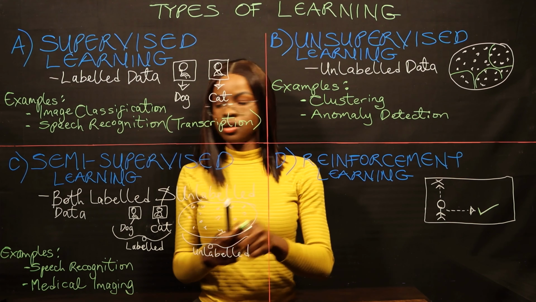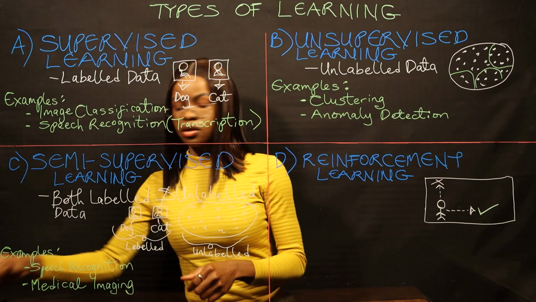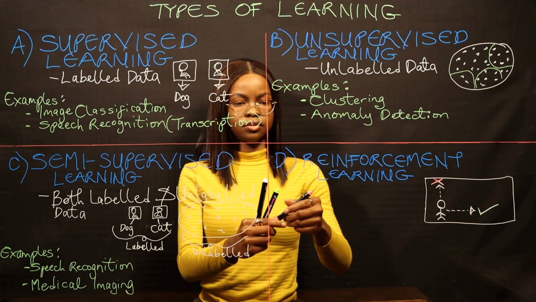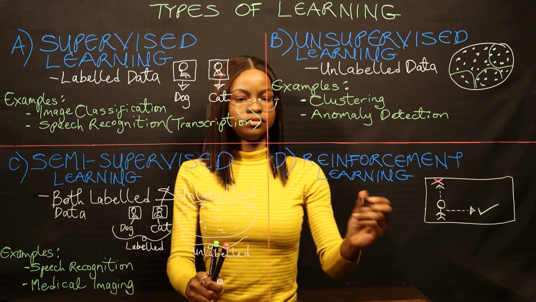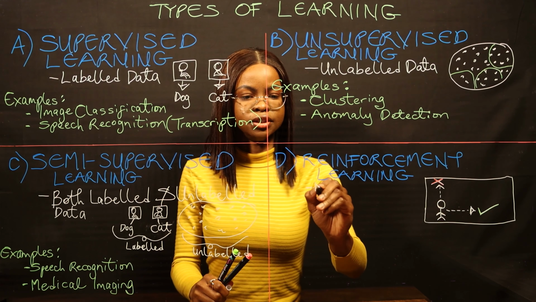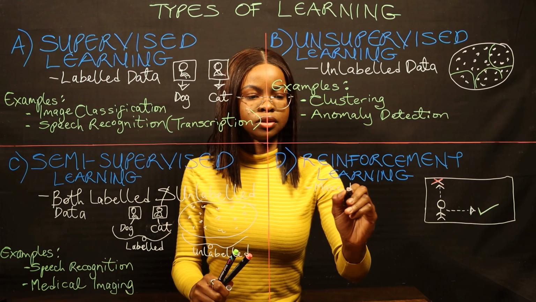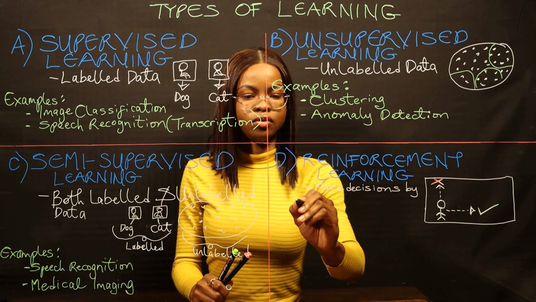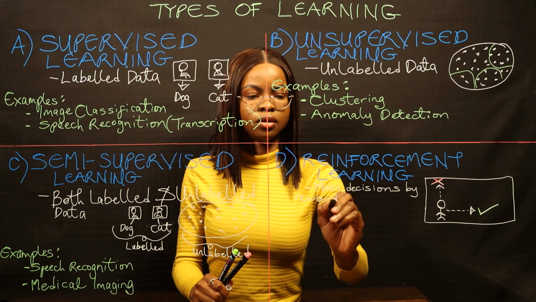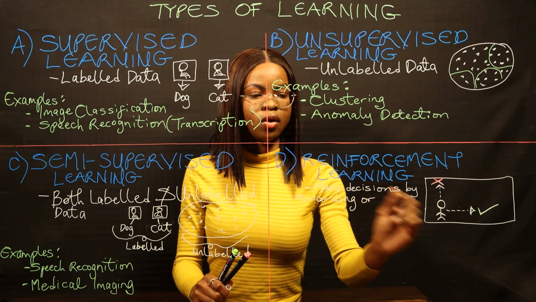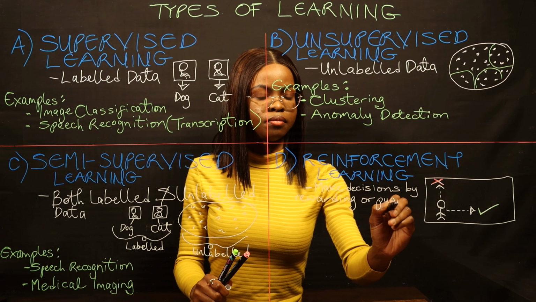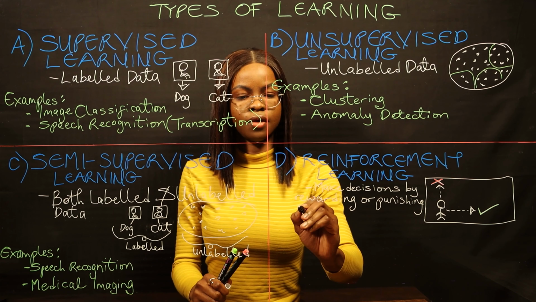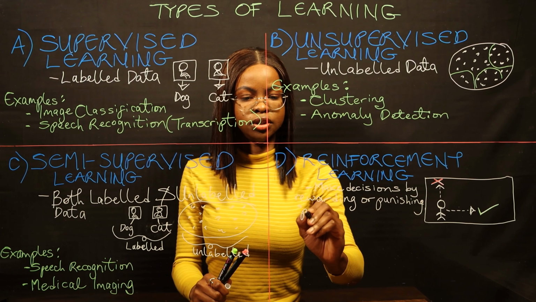So we train our model to make decisions by rewarding or punishing, which they call penalties.